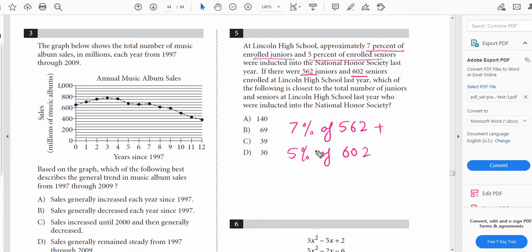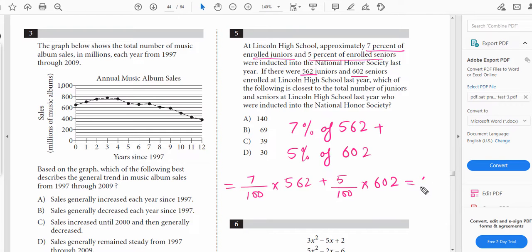Now in order to find the 7% of 562, we'll write it as 7 over 100 times 562 plus 5 over 100 times 602. We'll insert this whole expression into the calculator and we'll get the answer.